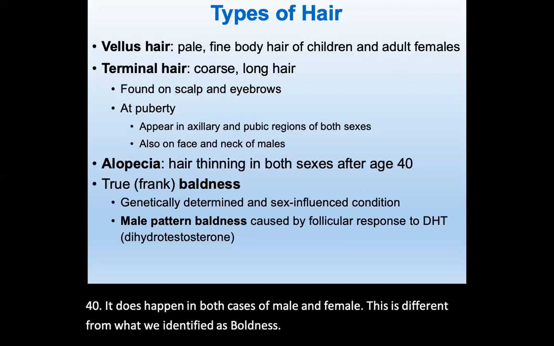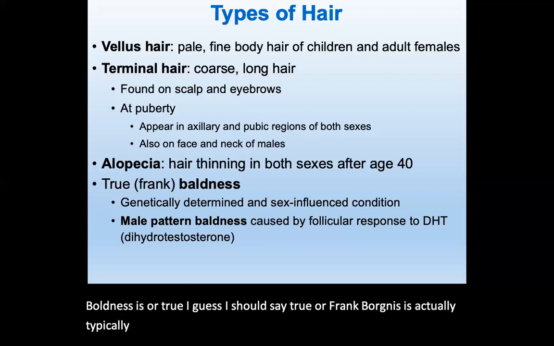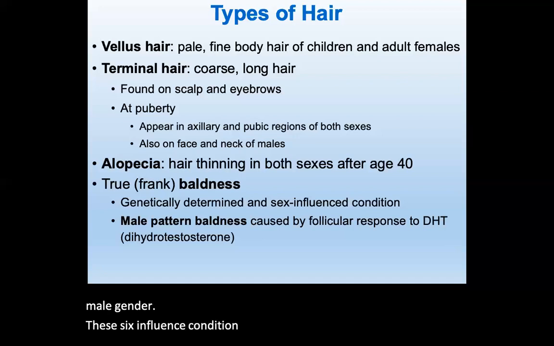True or frank baldness is typically identified as male pattern baldness, or associated with the male gender. It is a sex-influenced condition, so it is actually an X-linked genetic condition.